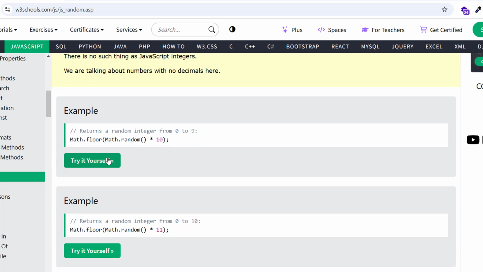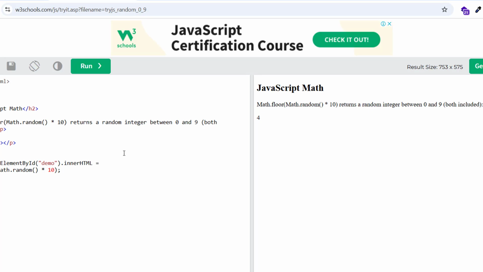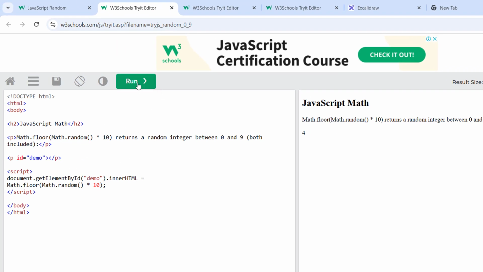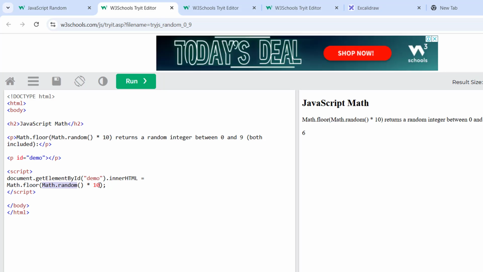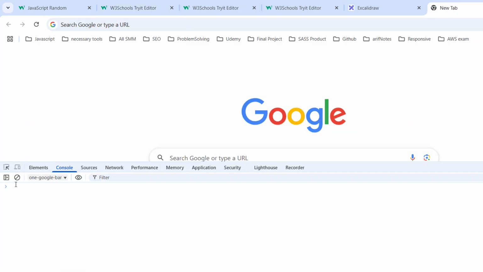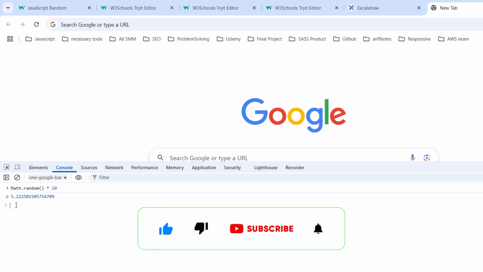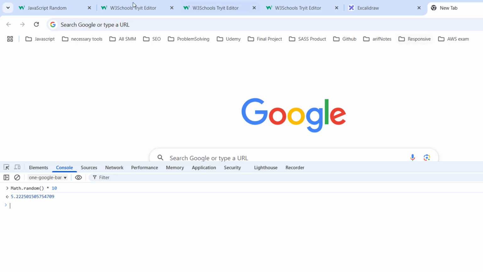So Math.floor(Math.random() * 10). Math.random returns a number from 0 to 1, which is multiplied by 10. Then Math.floor rounds it down, so it will give you a whole number.